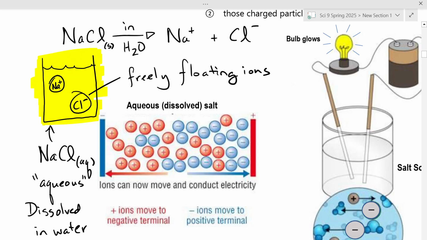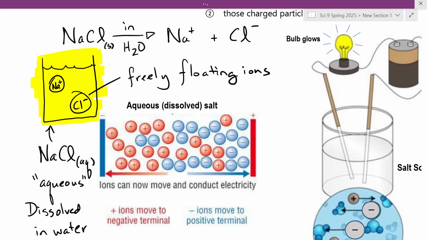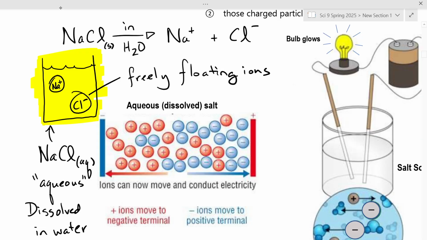If we take a look at that beaker full of water, so we got water in the background, and we got Na plus ions floating around, Cl minus ions floating around. Let's ask ourselves those two important questions. What are the two questions you ask yourself if something will conduct? Number one, are there charged particles? Question number two.